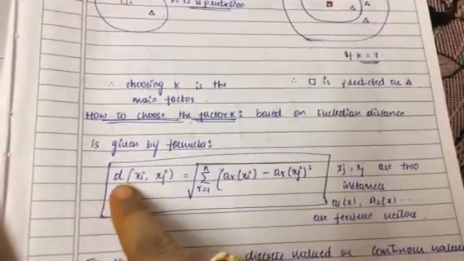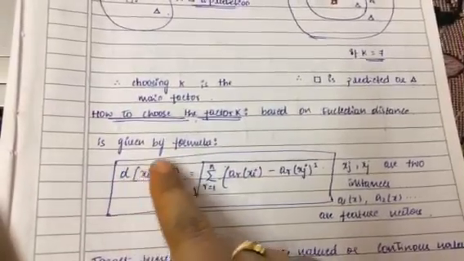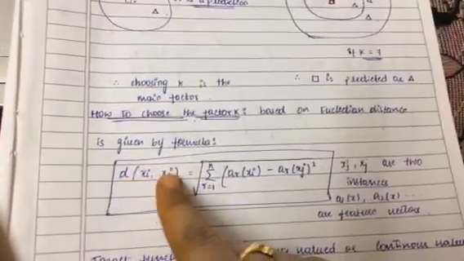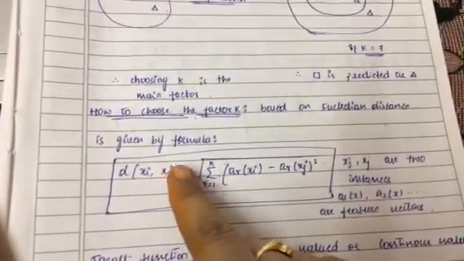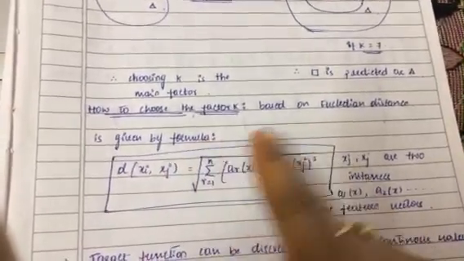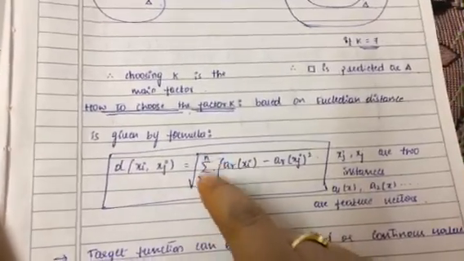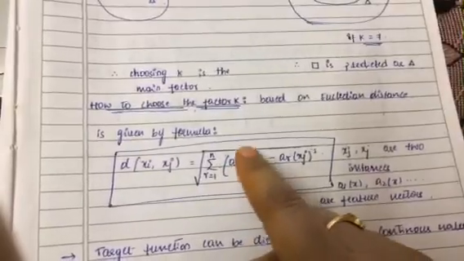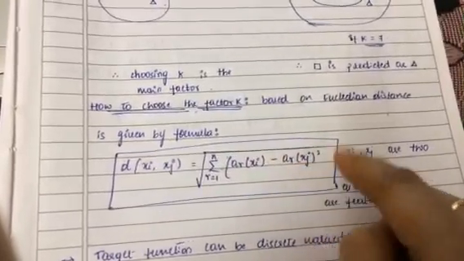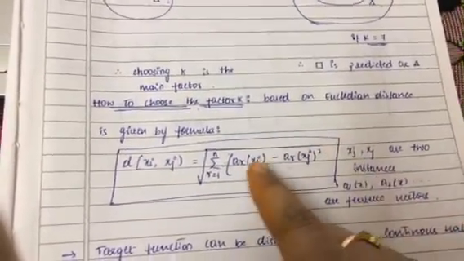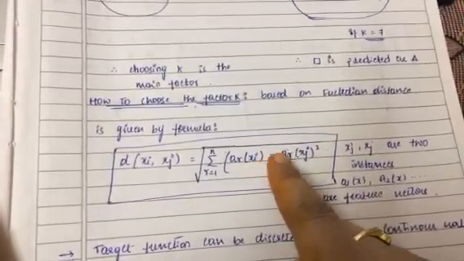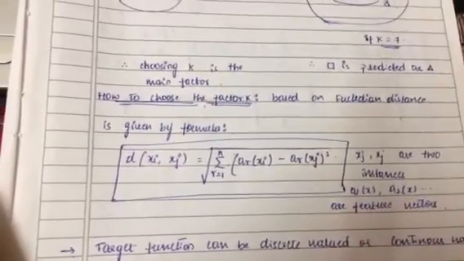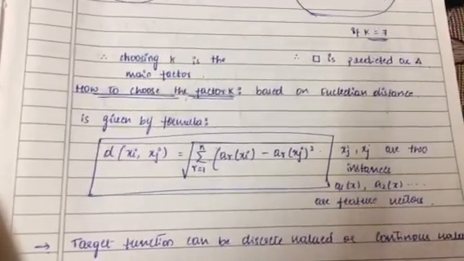Just understand, d is nothing but the Euclidean distance. Xi and Xj are the two instances we have considered here. It is equal to the square root of the summation r equal to 1 to n of the value ar(xi) minus ar(xj), the whole squared. Here a1, a2, a3, depending upon the r value, are nothing but the feature vectors, or the different features you are considering.